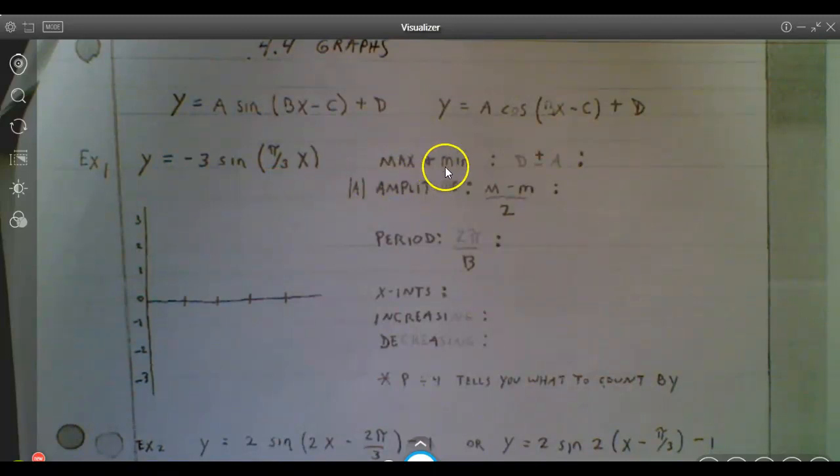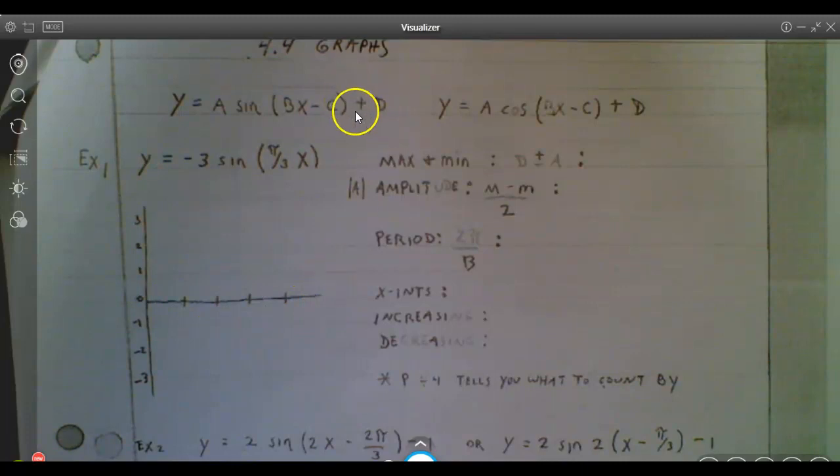For the maximums and the minimums, and we'll see this as we go through the process, this is one sort of algebraic approach to identifying your maximums and your minimums. When you looked at the parent function, when we first did a sine graph or a cosine graph, they were centered on the x-axis. This is what we call the midline of the graph, is the x-axis.